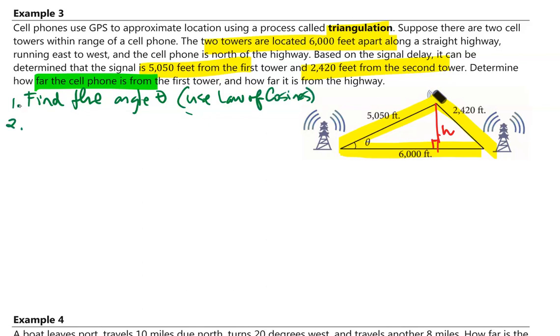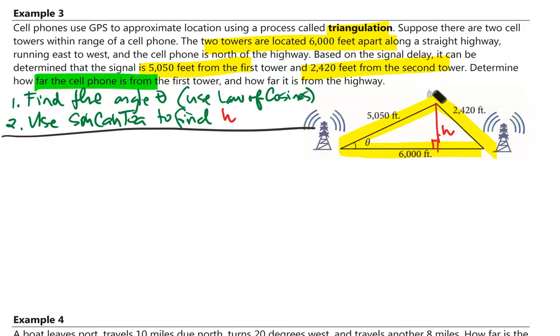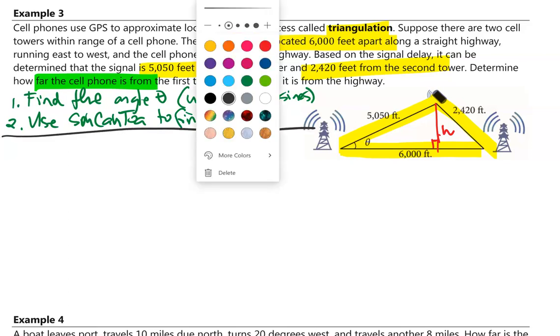And then after that you can use SOHCAHTOA to find the height h. So let's start with the first one. Use the law of cosines to find this angle.